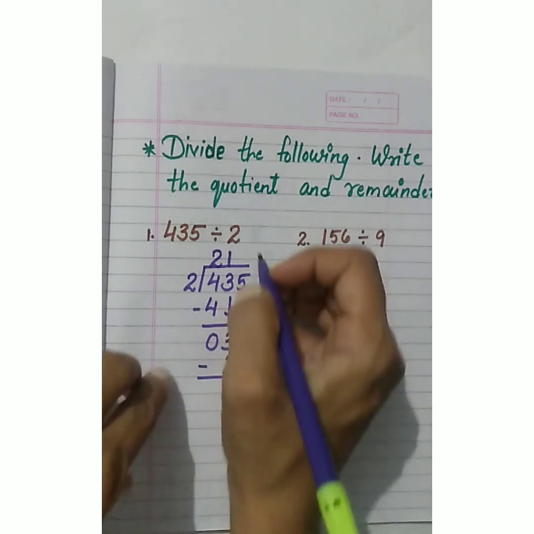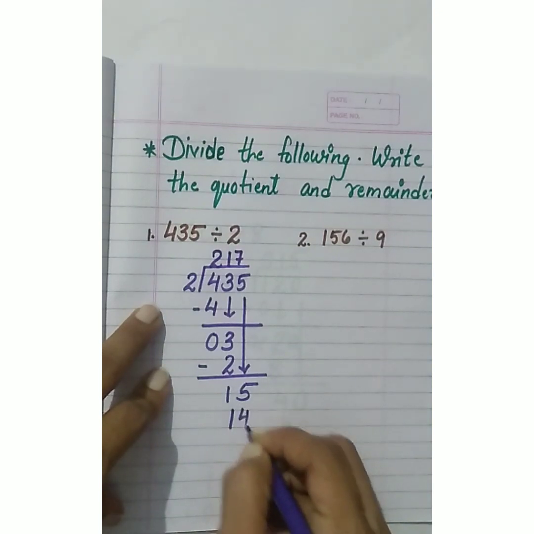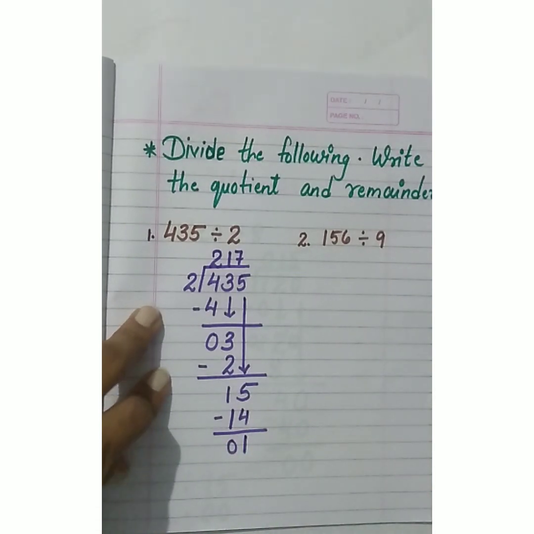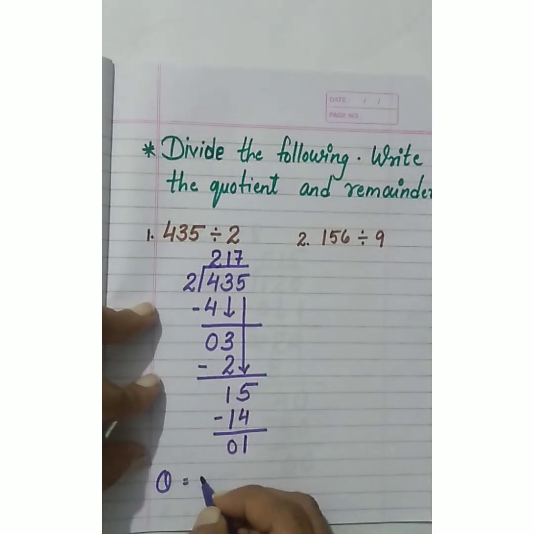So we can take 2 sevens are 14. So if we subtract this, we will get 1. 15 minus 14, 1. So here our quotient is 217 and our remainder is 1.